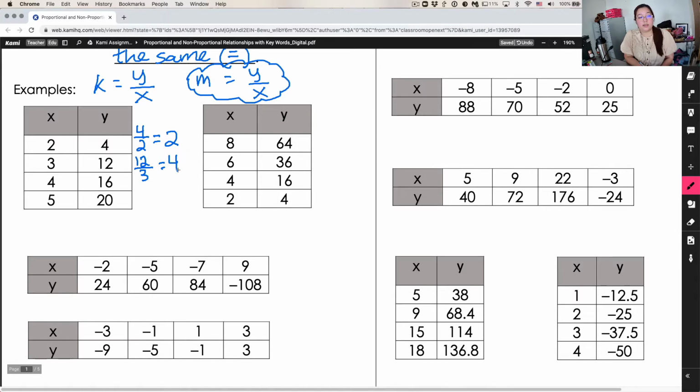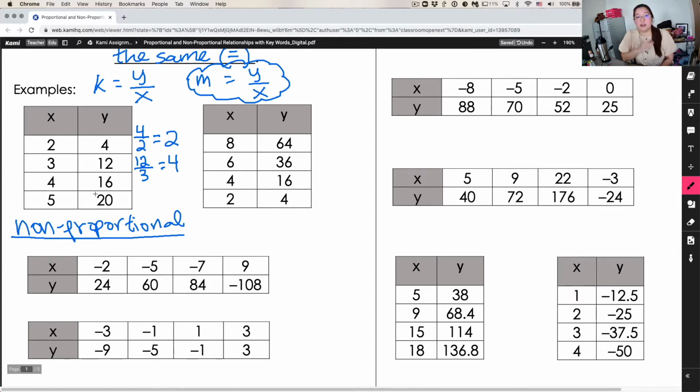We can already see that these two don't match, so this is non-proportional. I just wrote this one out, but from now on, whenever it's proportional, we'll write a letter P, and whenever it's non-proportional, we'll write NP.